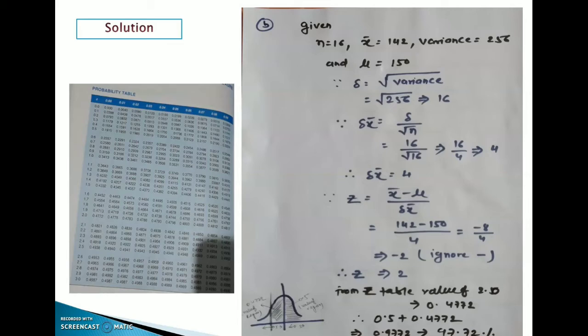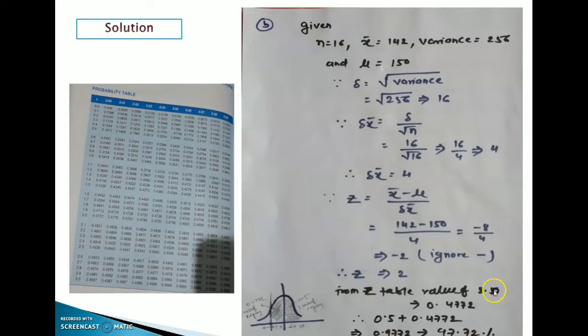Now for the other sum: what is the probability that the sample mean is greater than 142? Here the sample mean 142 is given, n is 16, the variance is the same, 256, and mu is 150.